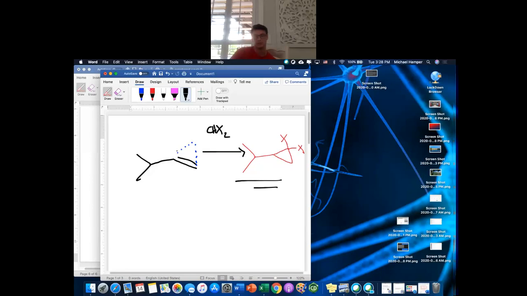So if you're given this reagent, CH with some halogen, let me say I, so CHI2, you're going to be making a cyclopropane where the double bond was, with your two iodines.